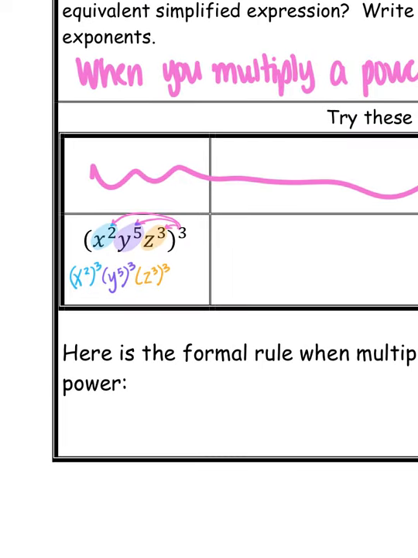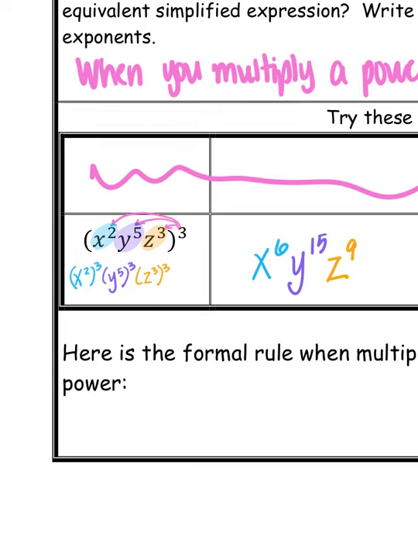So now I'm going to multiply each of those, and for x, I get x to the 6th, 2 times 3 is 6. For the y, I get y to the 15th, 5 times 3 is 15. And for the z, z to the 9th, 3 times 3 is 9.